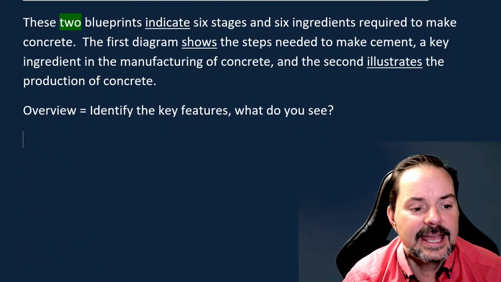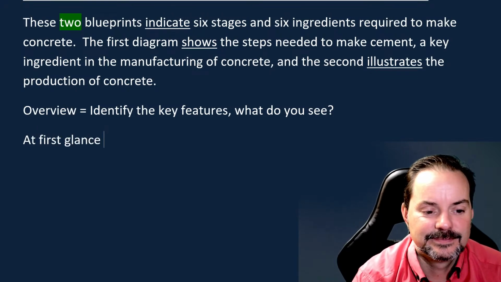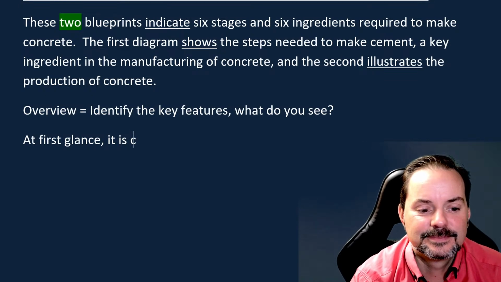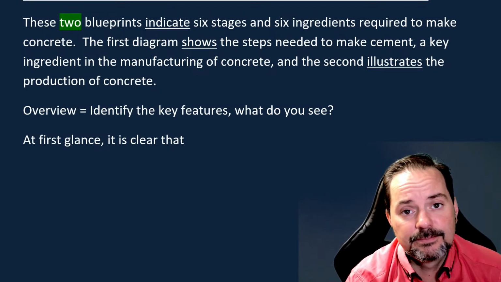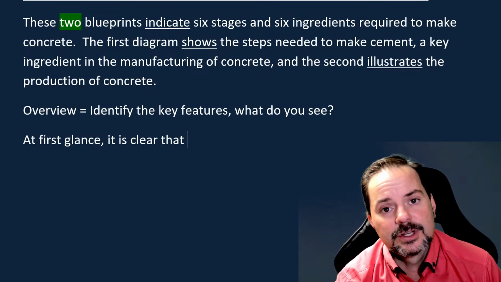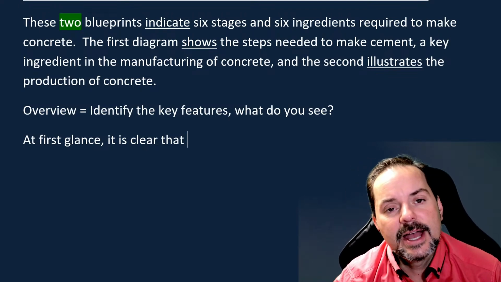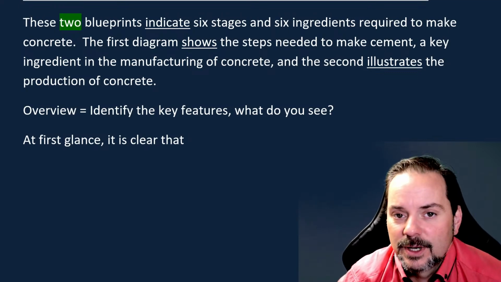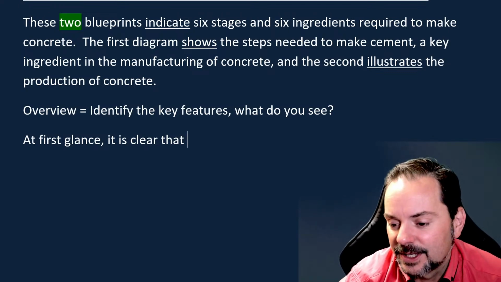So I would say at first glance, it is clear that, and now, of course, this essay is mostly present tense, right? Because it's general. It's not this company made concrete 5 years ago. It's true now. It's true yesterday. It's true tomorrow. It's true 5 years ago. This is what companies do to create concrete, right?